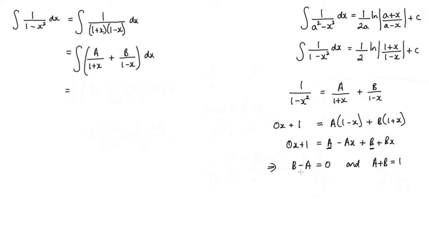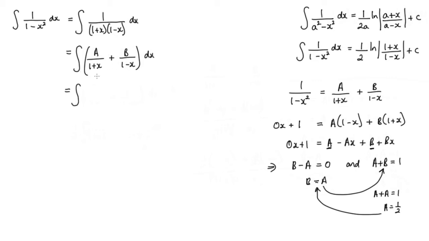Now if I rearrange this, I can see that b is equal to a. And if b equals a, then obviously I can substitute in here. That would give me that a plus a is equal to 1, or in other words, a is equal to a half. And obviously if a is equal to a half, then popping that back in, b must also be a half. So let's pop these two values for a and b back into this here, and I'll separate this into two separate integrals as well.